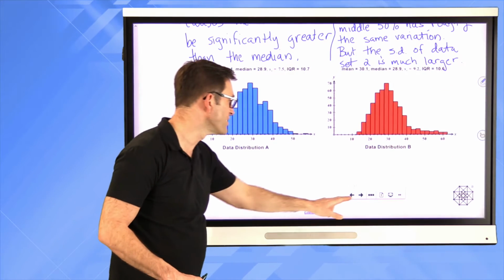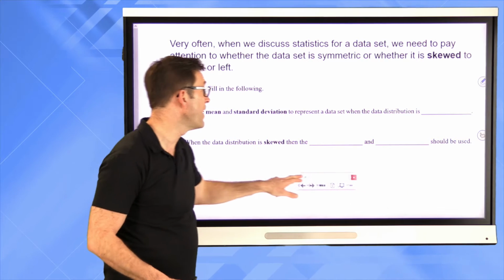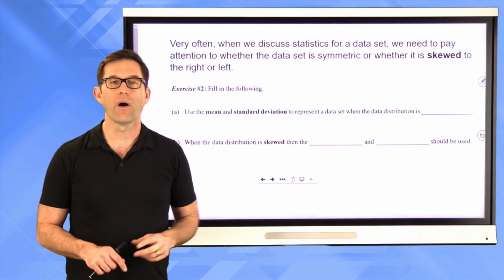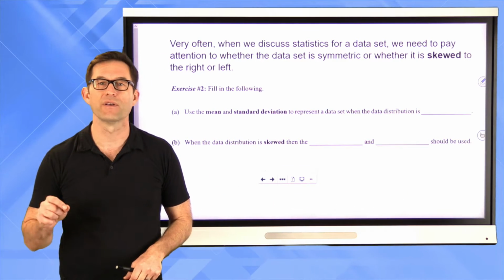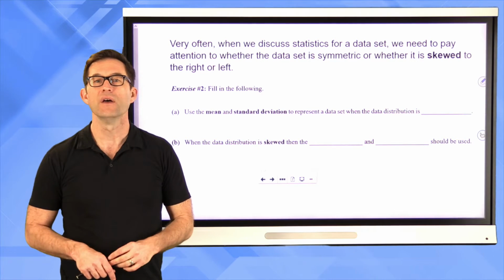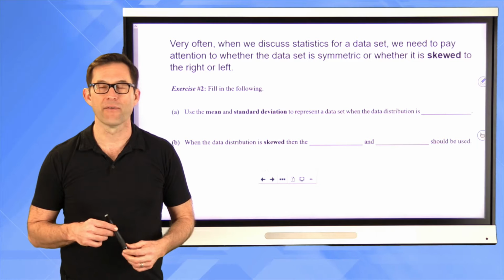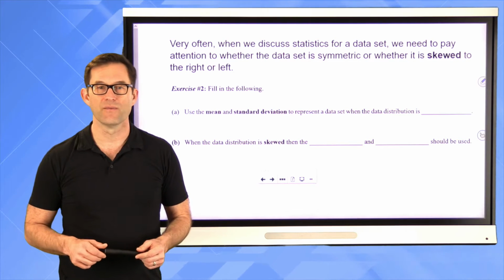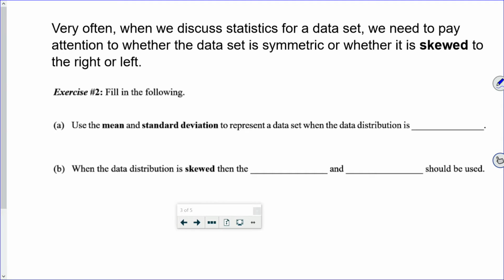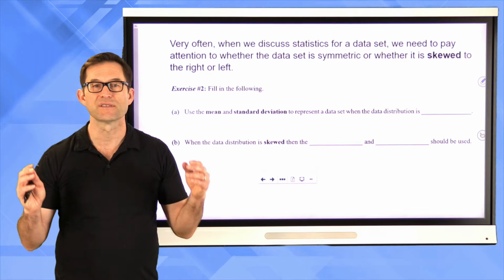Okay, now this is all getting to a very, very important thing. Very often when we discuss statistics for a data set, we need to pay attention to whether the data is symmetric or whether it is skewed to the right or left. Exercise 2, fill in the following. A, use the mean and standard deviation to represent a data set when the data distribution is symmetric.